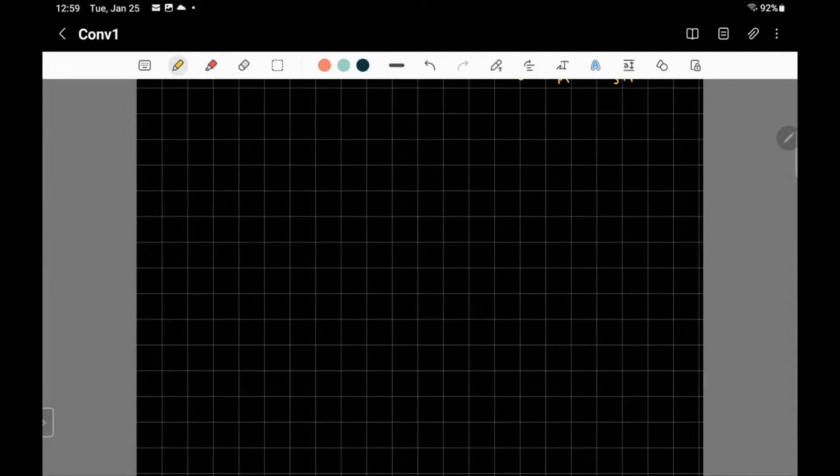Let's say that you have a system and you know the impulse response, and you know the input, and you want to find the output. So how will we do it? We write it like that. We say y of t is equal to the input convolved with the impulse response.